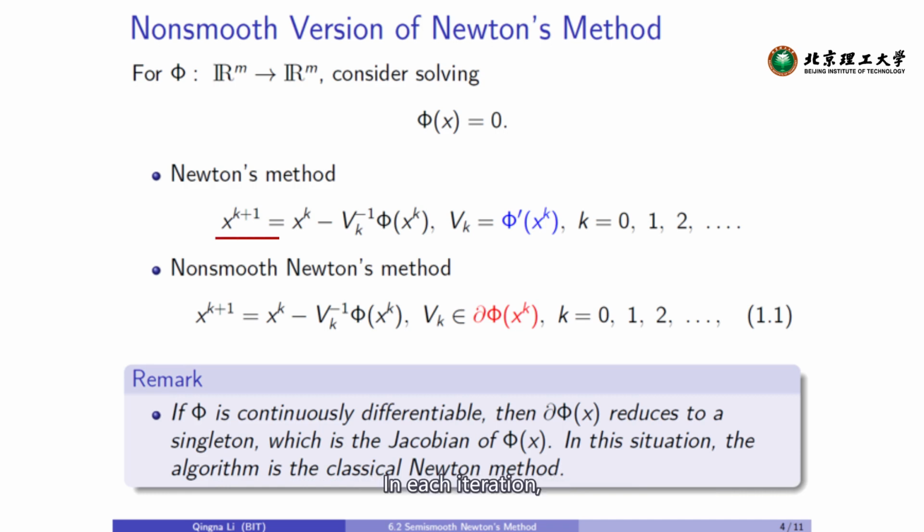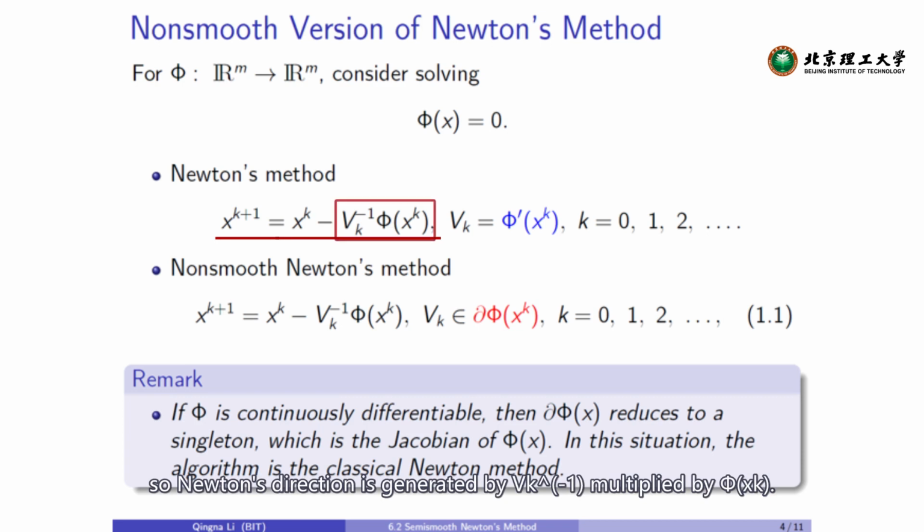In each iteration, the next iterate xk plus 1 will be generated by xk minus the Newton direction. The Newton direction is given by Vk inverse multiplied by phi at xk. Here, Vk is the Jacobian of phi at xk. So in this case, Newton's method assumes that phi is differentiable.